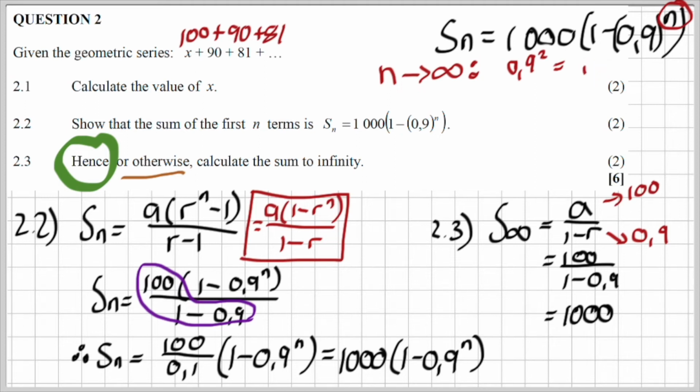Well, that becomes 0.81. What if I change the n into 3? Well, that becomes 0.729.